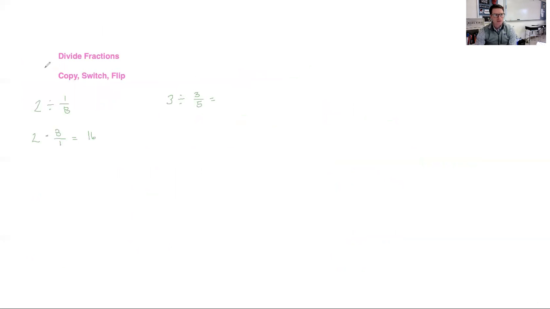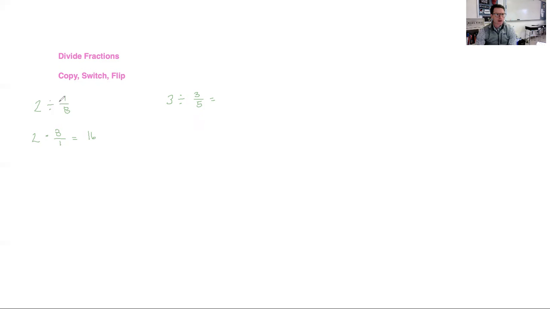So I know a lot of you guys that have been here and had Mrs. Lippman for 4th grade were introduced to copy, switch, flip. So when we divide fractions, we copy the first number, we switch the sign, and we flip the divisor.